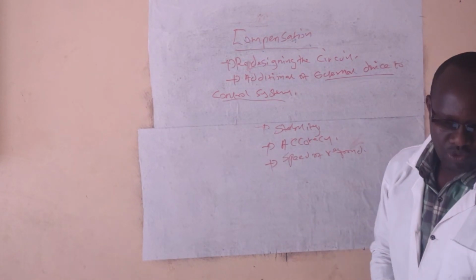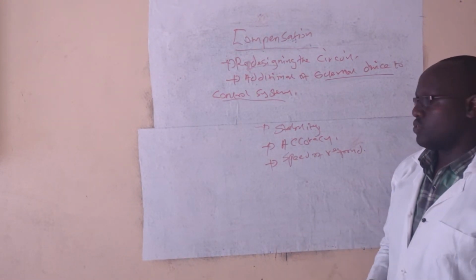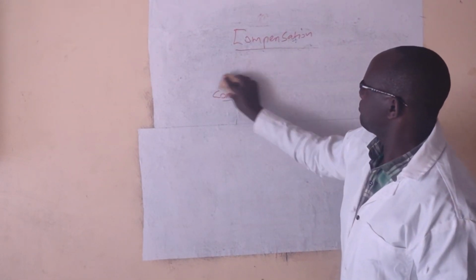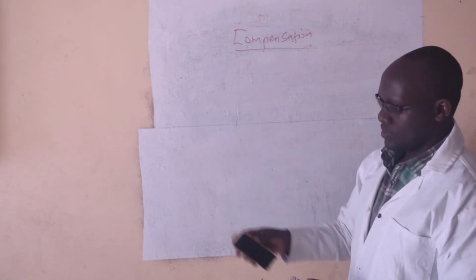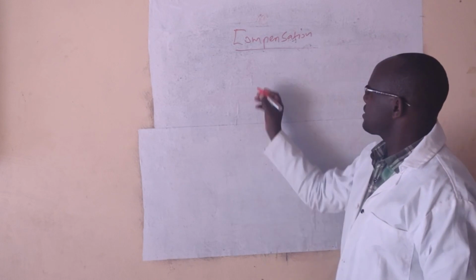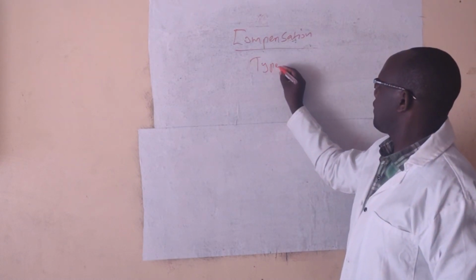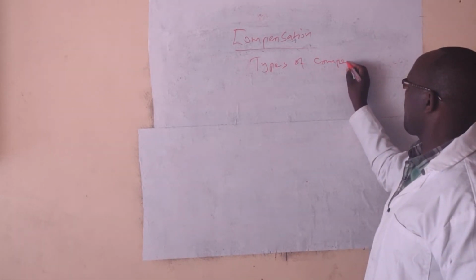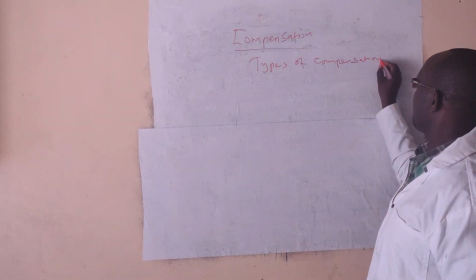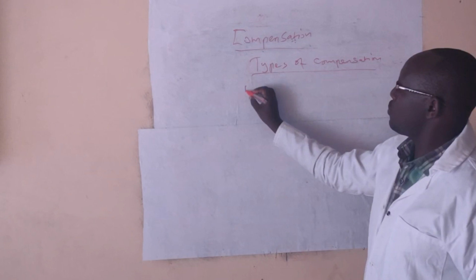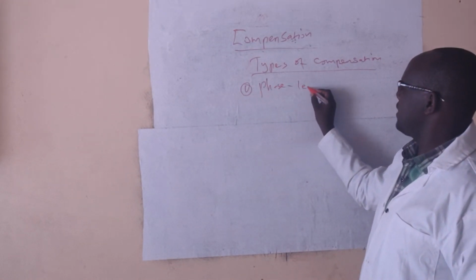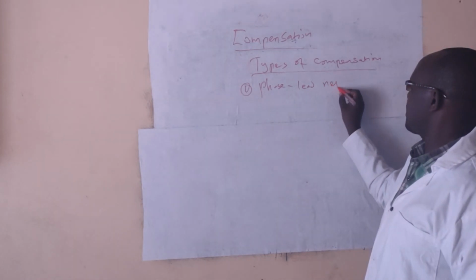Now in this lesson we want to look at the types of compensations. One, we have what we call the phase lead network.